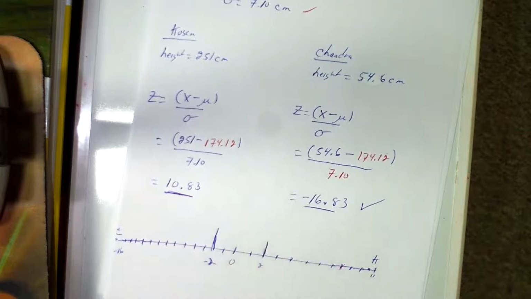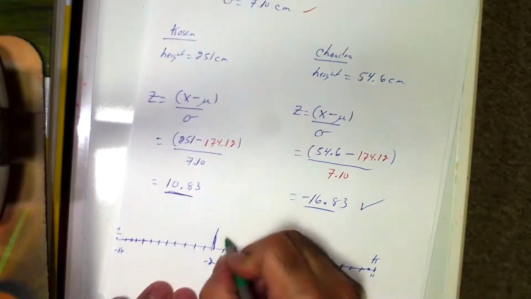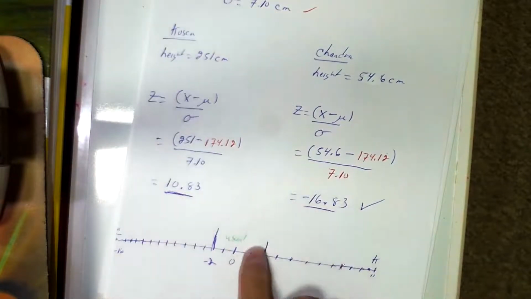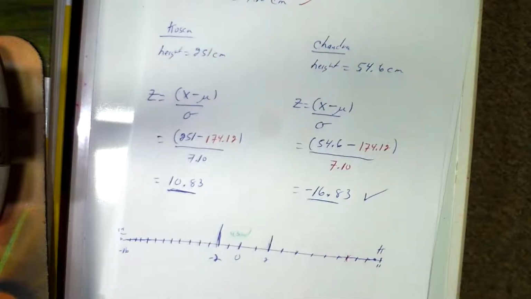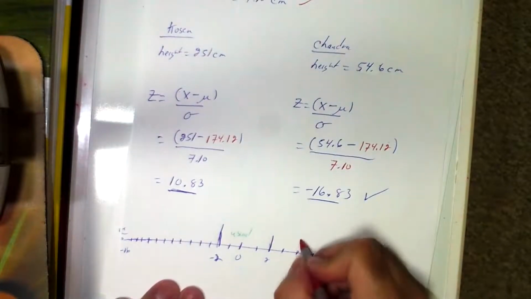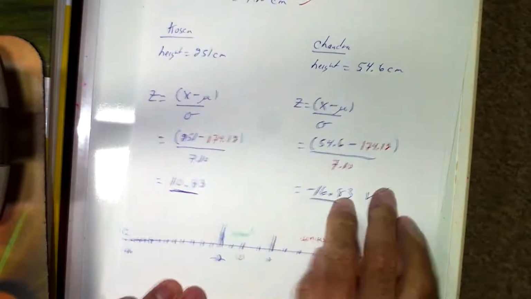There's our usual. This is our teeny weeny little usual. And you can see that they are definitely in the unusual.